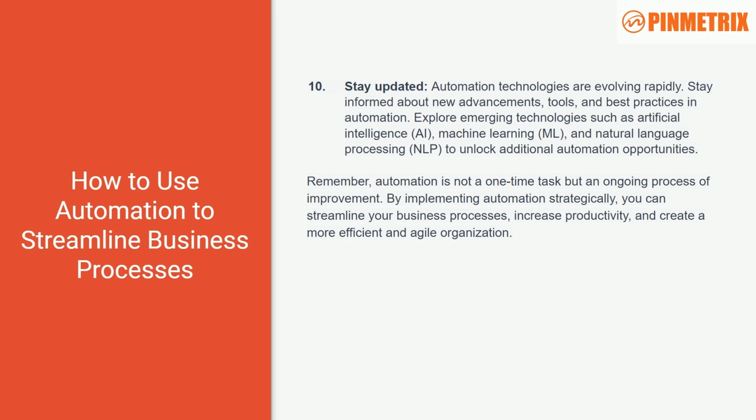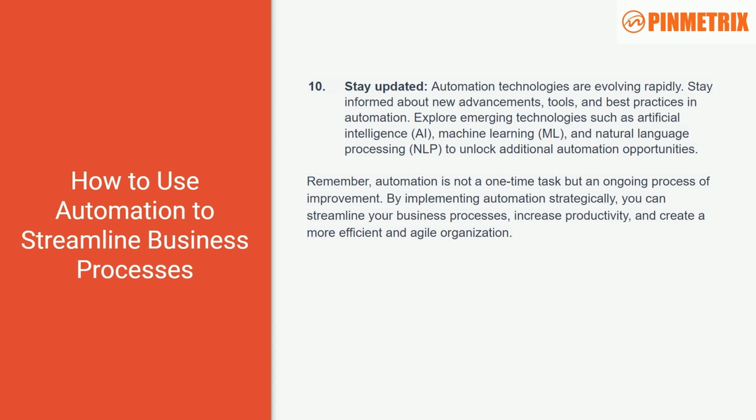But remember, automation is not a one-time task, but an ongoing process of improvement. By implementing automation strategically, you can streamline your business processes, increase productivity, and create a more efficient and agile organization.